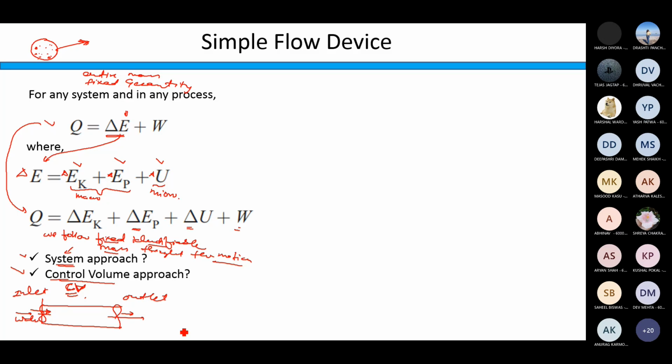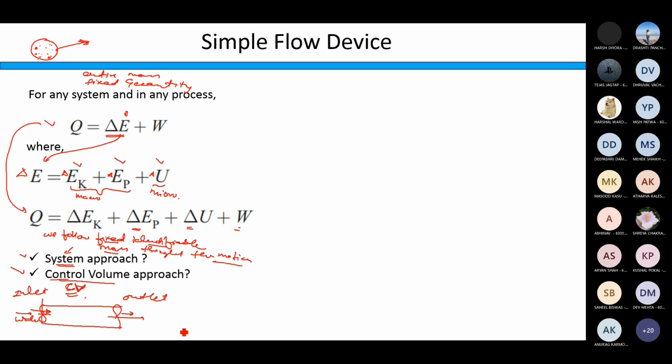So in control volume approach, the idea is I'm least bothered of that fixed mass. What I will do is I will fix my boundary, and whatever enters that boundary and whatever goes out of the boundary, I'm going to analyze the effect of these interactions which are happening at the boundary.